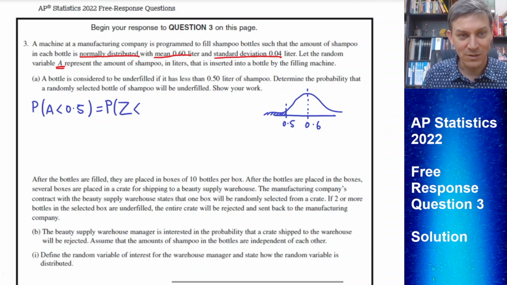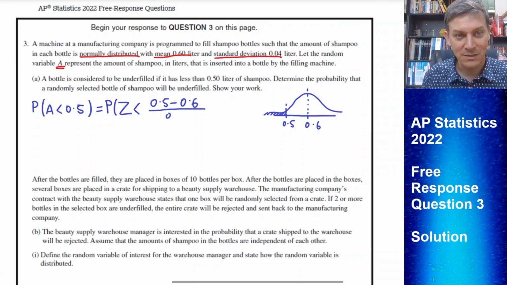And how do we do it? Well, you subtract the mean away from the value, so that's 0.5 minus 0.6, and you divide by the standard deviation, that's 0.04. Okay, and then a bit of maths tells you that this is minus 2.5.